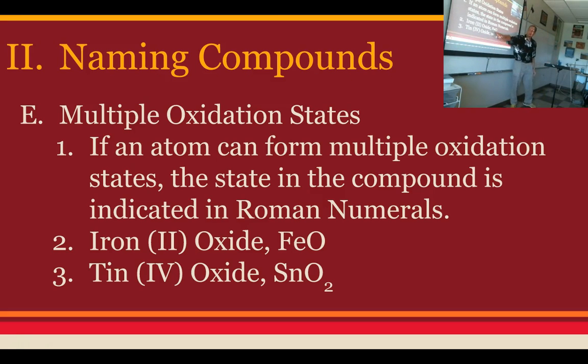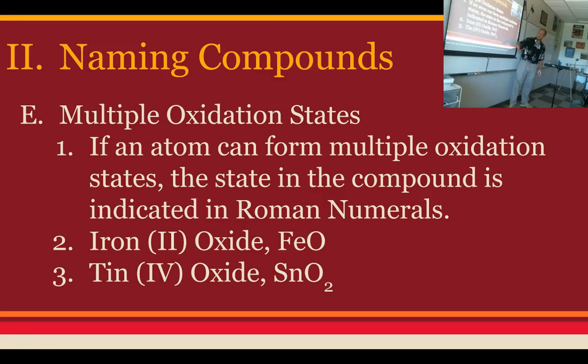So we have to tell the person reading our name what oxidation state that atom took in this molecule. First you have to find that out, and then it would go into the name as a Roman numeral.